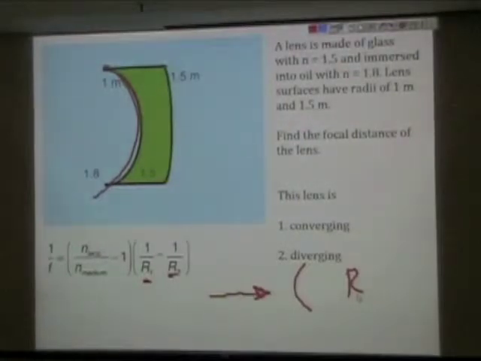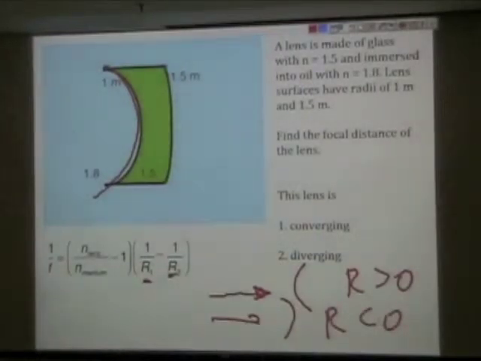What does it say? Anyone? Positive. It's related just to the shape of this surface. It's not related to anything else. When light encounters a convex surface, the radius is negative.